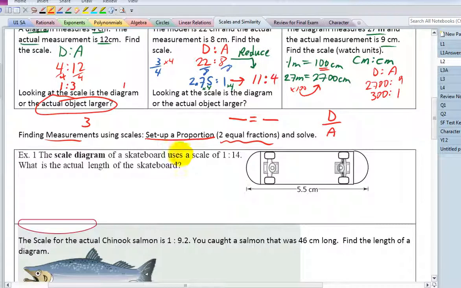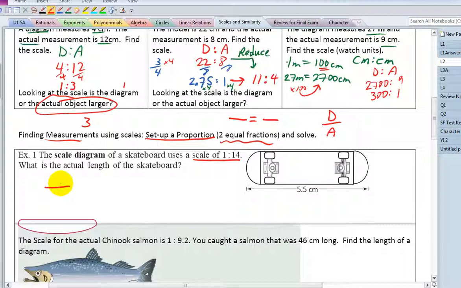So if you read the first question about the skateboard, here's your scale. Please convert your scale to a fraction. Look up above if you're unsure. Is it 1 over 14 or 14 over 1? Look in your notes up above.